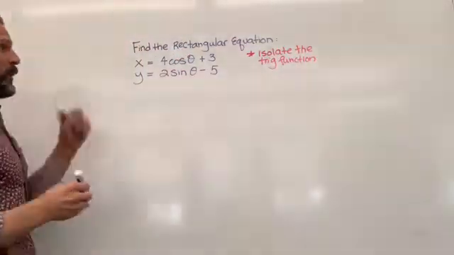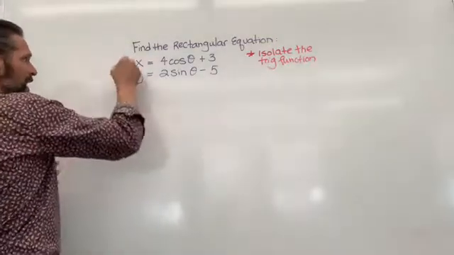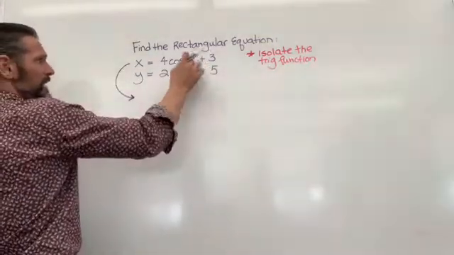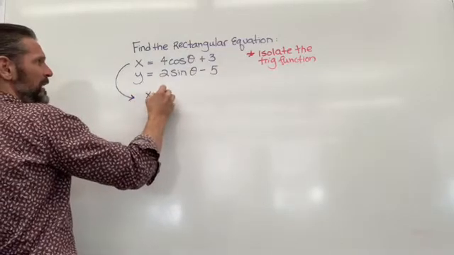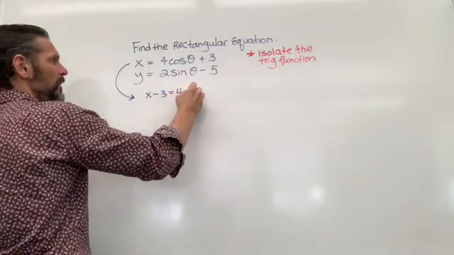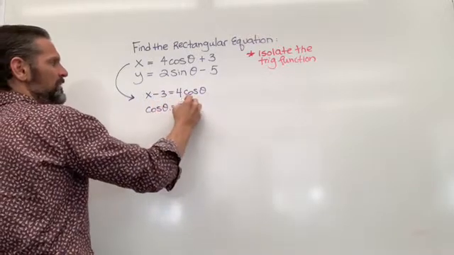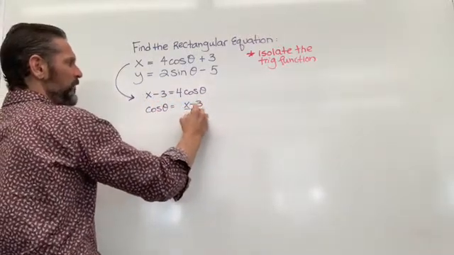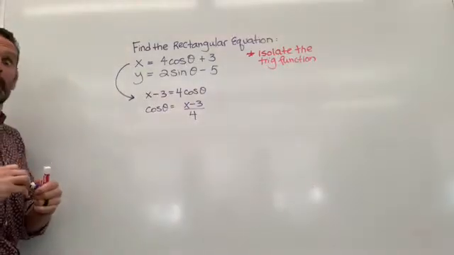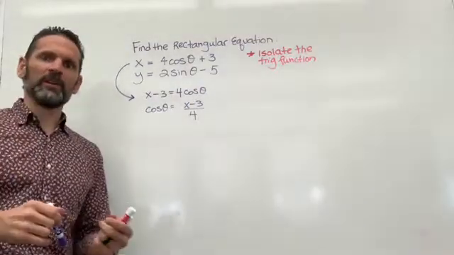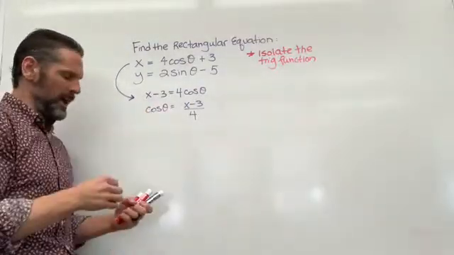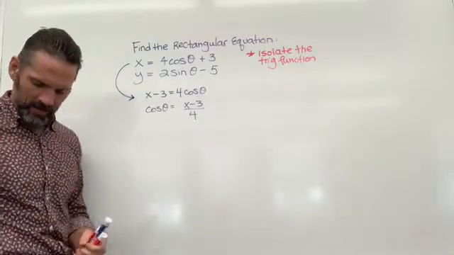In our first equation, if I subtract 3 from both sides, x minus 3 equals 4 cosine of theta. Therefore, cosine of theta is x minus 3 divided by 4. I can stop there. I don't need to use inverse cosine of both sides to strip this all the way down just to theta.